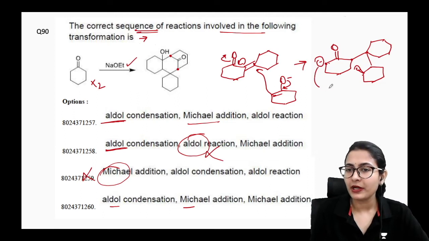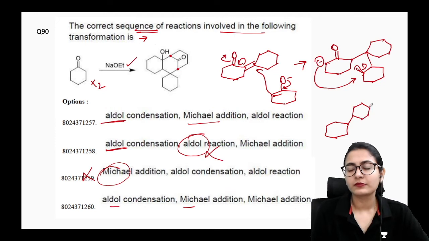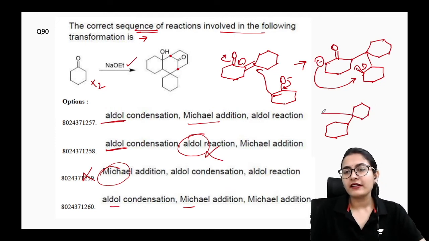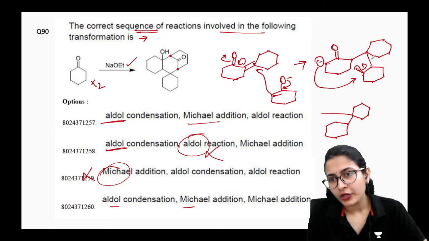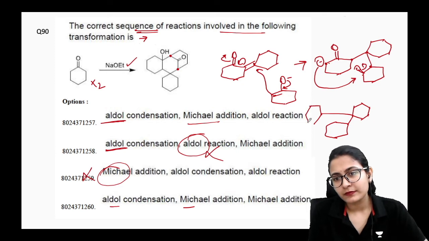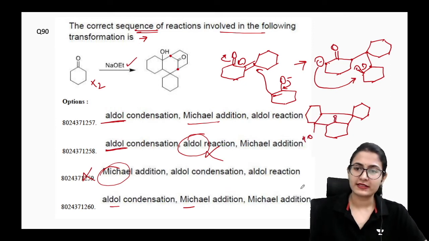That's why I'm using it up. So this attacks over here, and there is the bond over here connected to one more ring. So this is one more ring. There is an OH and there is this bond and there is this carbonyl once again.